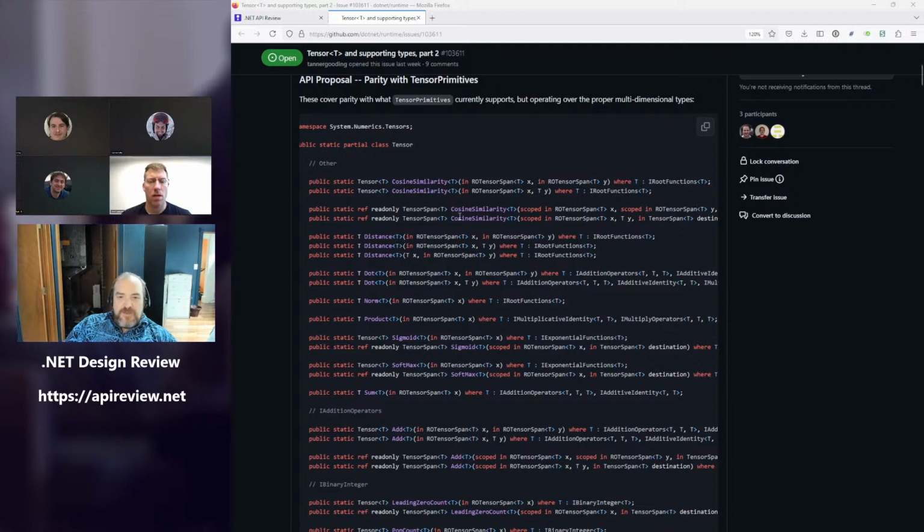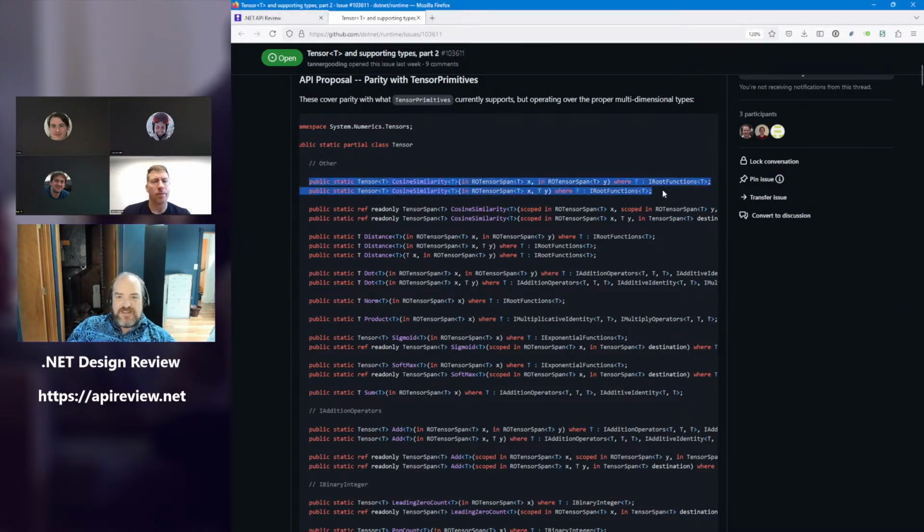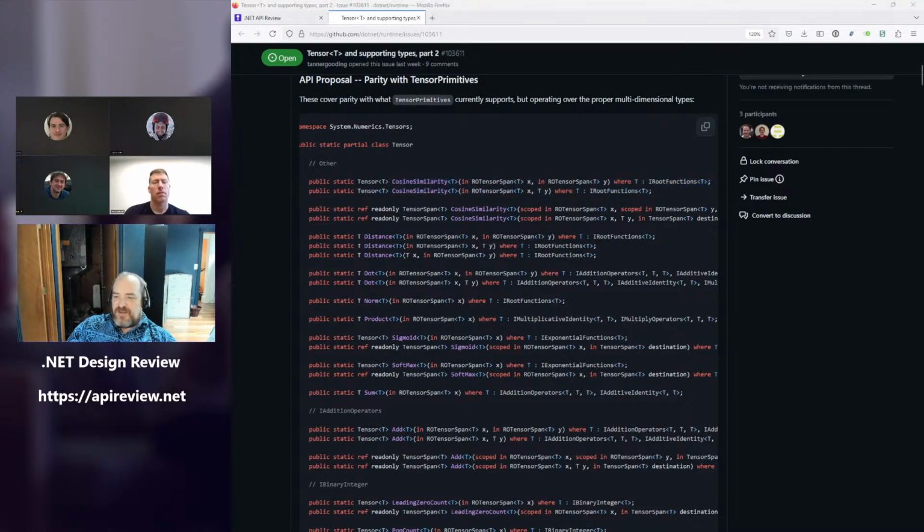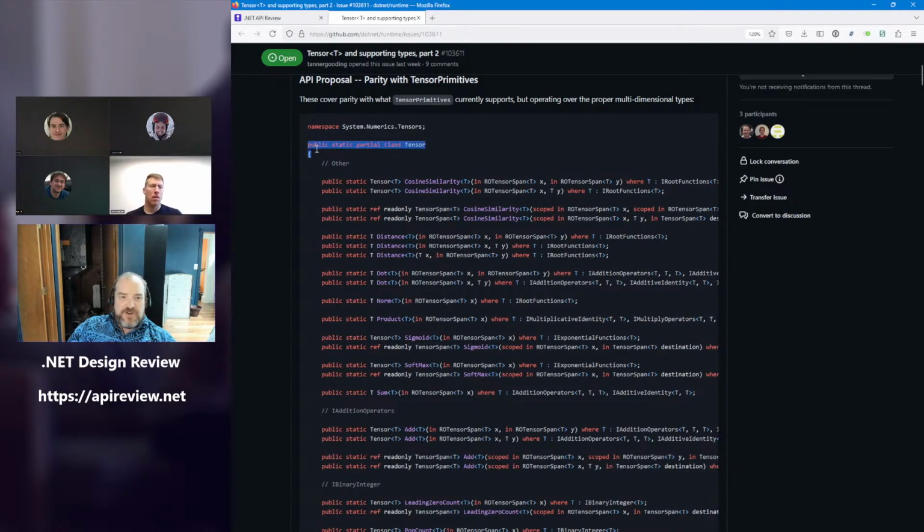Interesting. All right, so I think looking at the first one, we're assuming the root functions are correct. I think we're happy with the returning one.